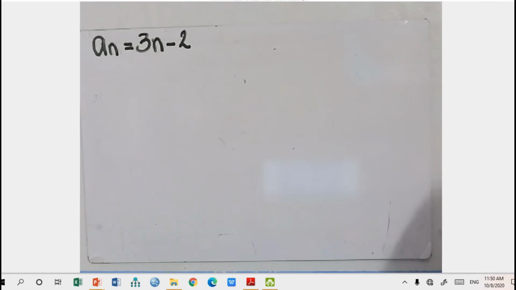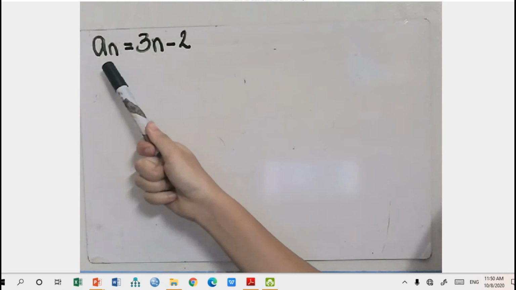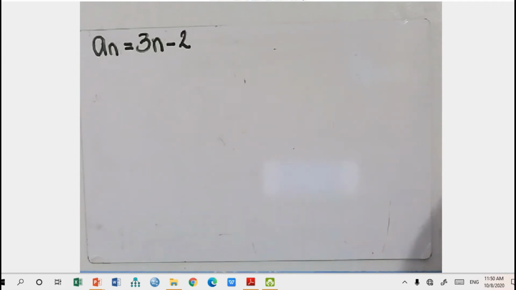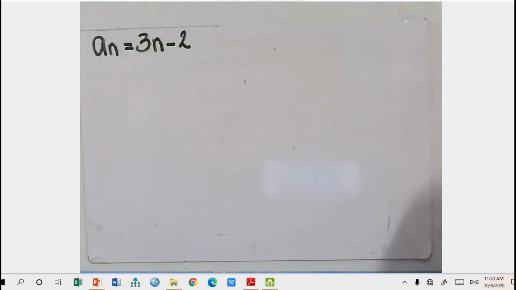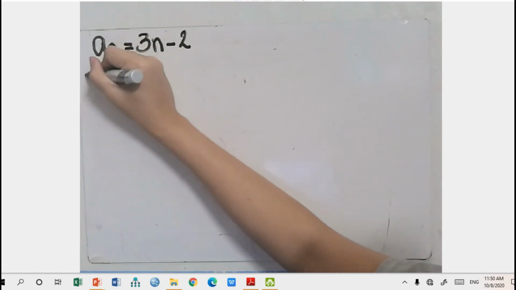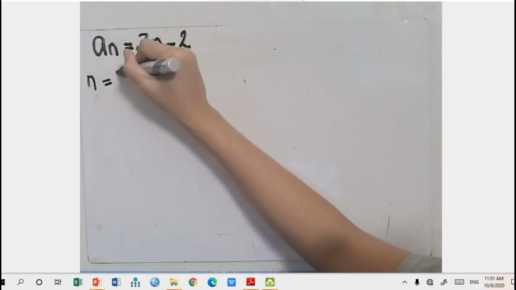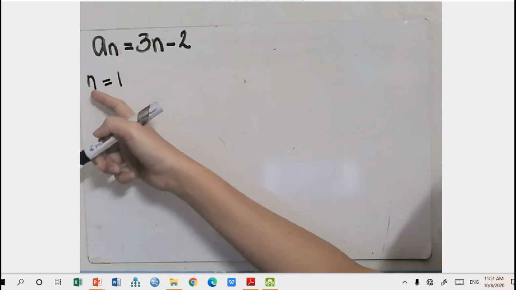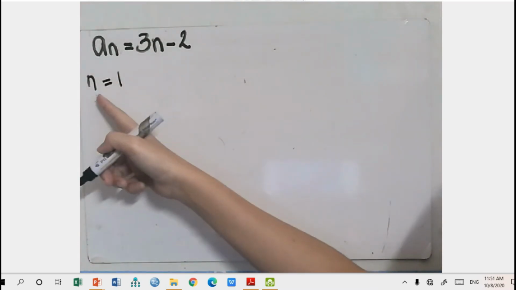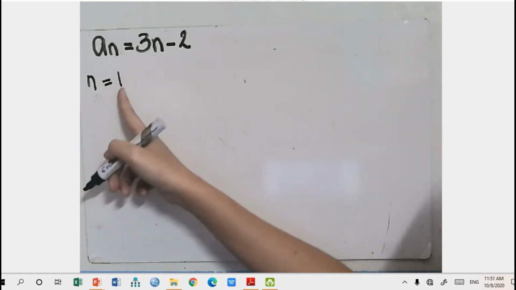So now we are going to find the first three terms of the general sequence a sub n equals 3n minus 2. So again, n here will be the term of the given sequence. So let's start with the first term, where n is equal to 1. We are going to substitute the value of n in the general term with 1.